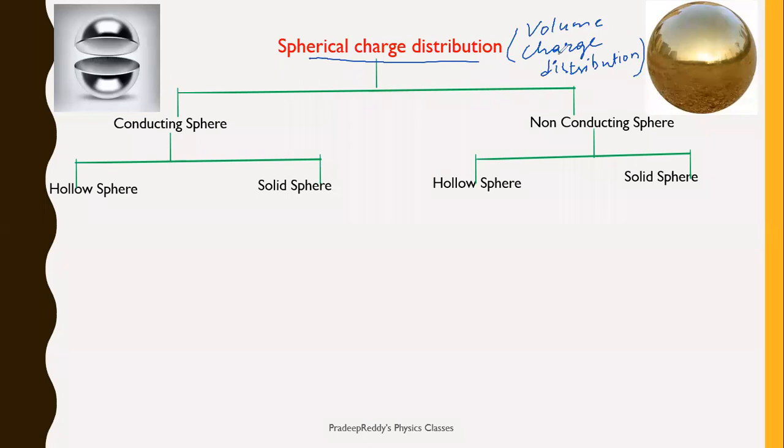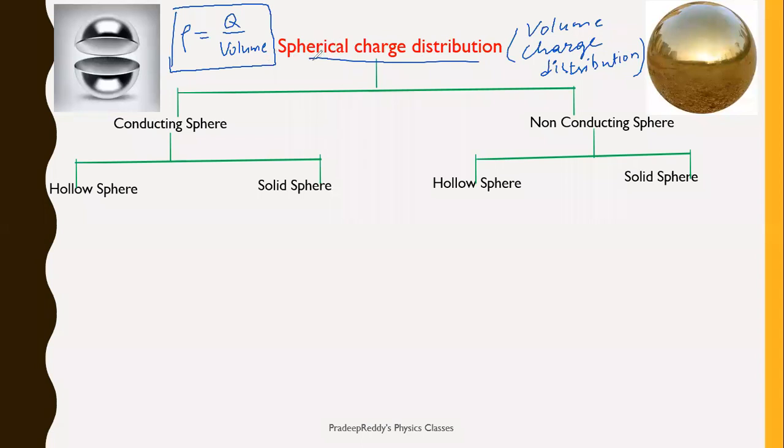Right? So in the case of volume charge distribution, we will be taking rho. Rho is the volume charge distribution or volume charge density. So rho can be written as total charge divided by volume. This is the part which we are going to use in this spherical charge distribution. So I am considering here a sphere, a spherical charge distribution.